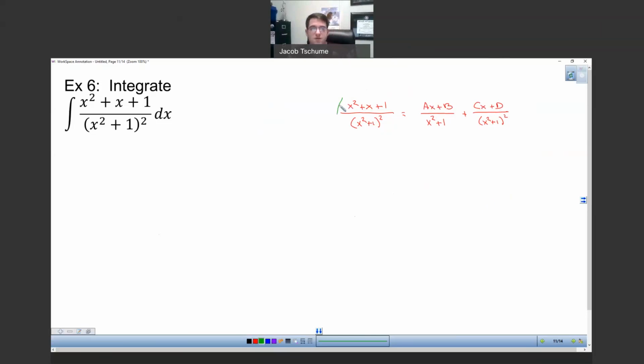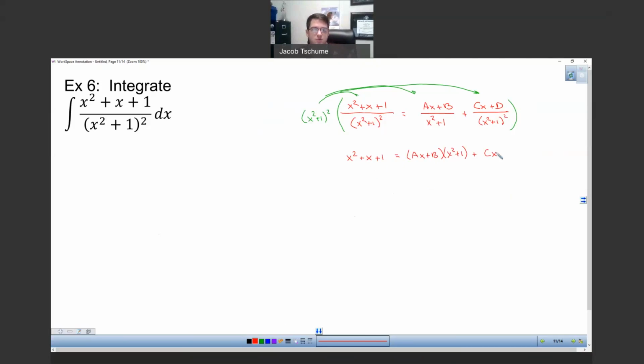All right, so other than that, this problem works very similar. I'm going to multiply everything by the original denominator, which is already factored. This will end up giving me x squared plus x plus 1 equals the ax plus b has to be multiplied by another x squared plus 1 term.